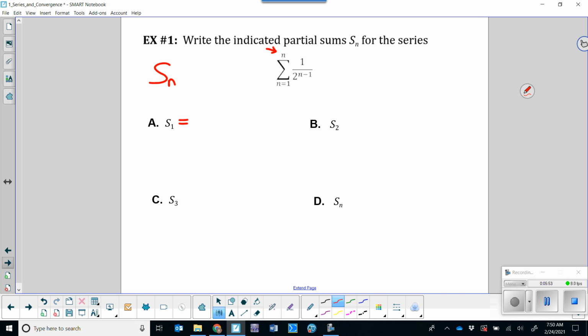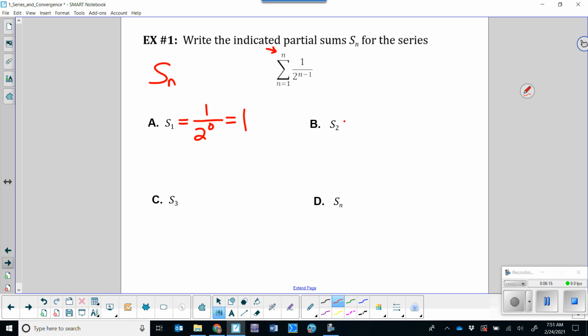So S1 means I'm just plugging in one term and that's it. So for this one, you would have 1 over 2 to the 0, because you'd have 1 minus 1, which is going to give you a 1. So this is what we call a partial sum. We add up one term.